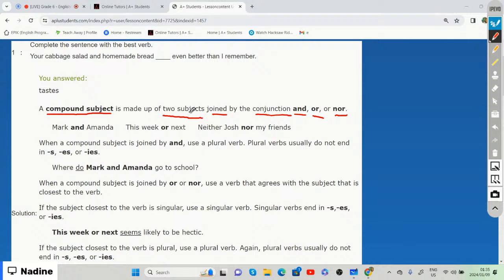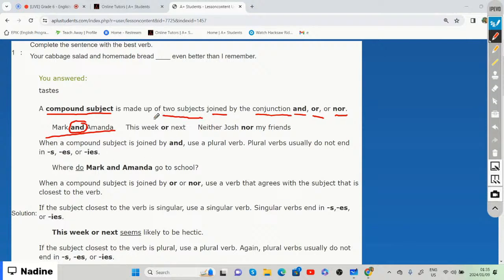For example, Mark and Amanda. So we have two subjects, Mark and Amanda, and the word and is joining those two subjects.